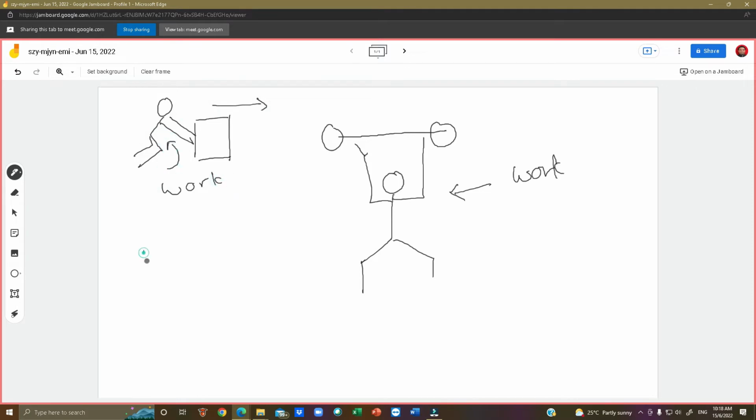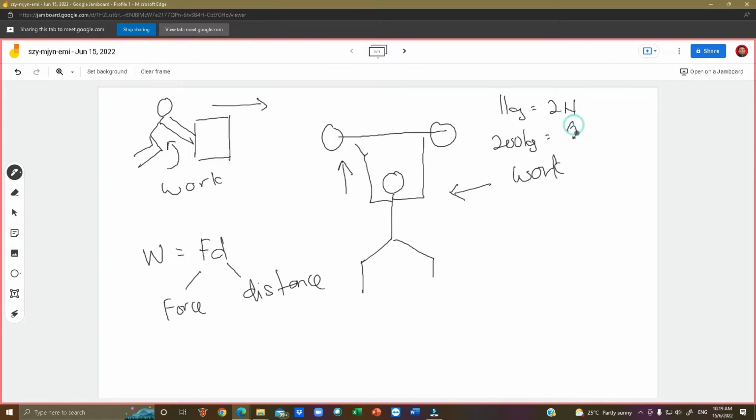So to do so, work equals to force times distance. Okay, F is force, D is distance. Okay, apa force dengan distance? Force is how much force being needed in order to lift this one. Let's see, 1 kg required 2 Newton. So if this one is 200 kg, means the force needed is 400 Newton.